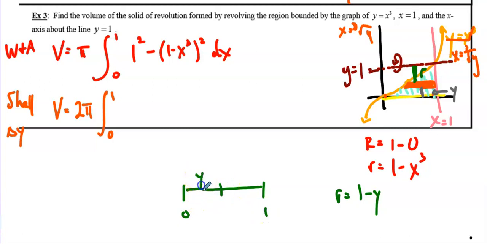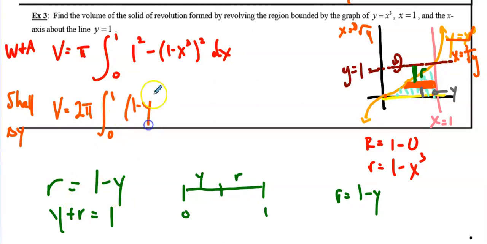So if this distance is y and this is our r, well, this whole thing is 1. If I subtract y from it, I'm going to get r, right? Or think about it like this, y plus r is equal to 1, and if I solve for r, I get 1 minus y. So my new r in this case is going to be 1 minus y.